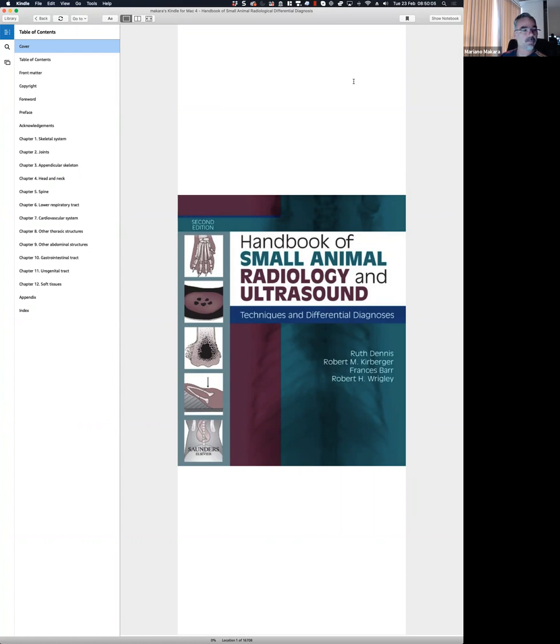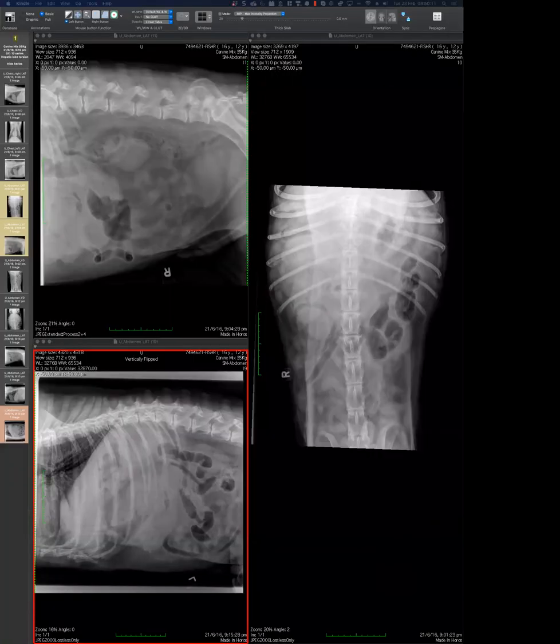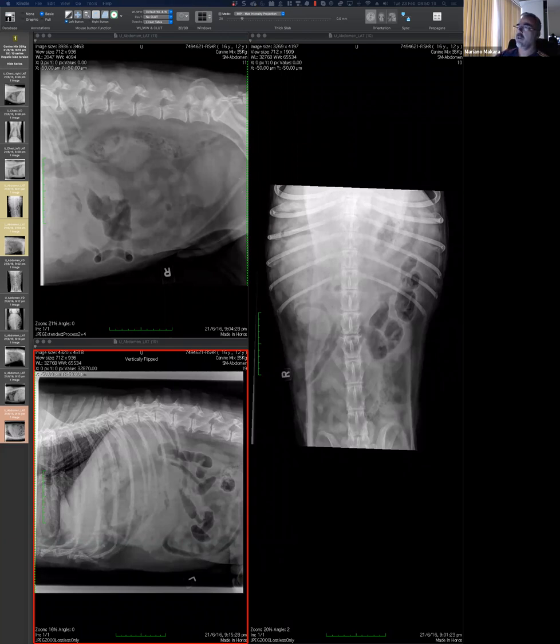Yeah, looks good. And I personally use it all the time. The classic example is pleural effusion, or an alveolar pattern in the lung. The easy differentials, the ones that we see all day long, come to mind immediately. I don't need to go to the book. But there are those cases where I'm lost.